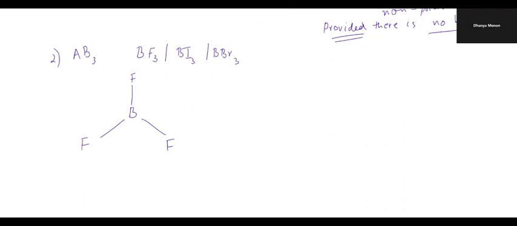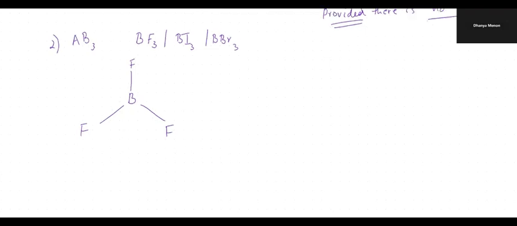So it is surrounded by the same kind of atom, that is fluorine. So the net dipole moment is 0. But let's check the direction of the dipole. So fluorine is more electronegative. So this is the dipole moment.